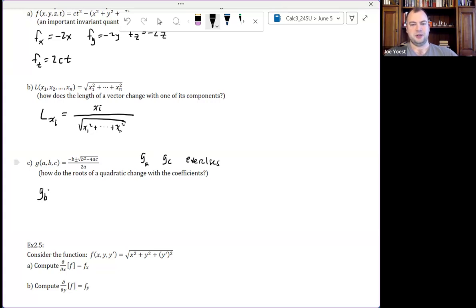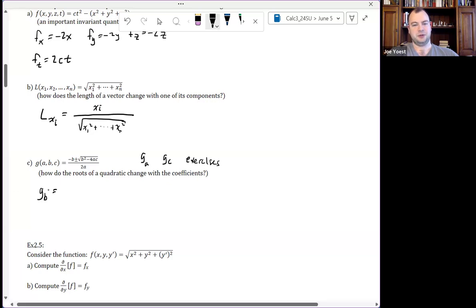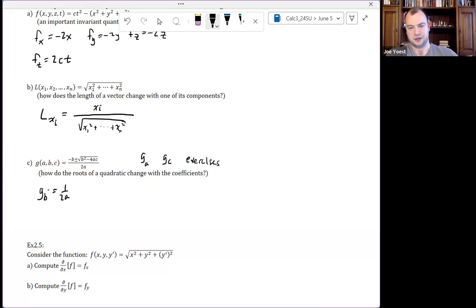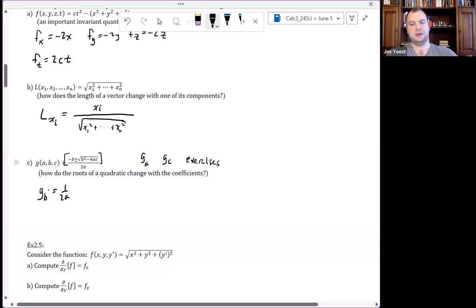So the first thing I'm going to do is I'm going to take a look at g here, and I see that, well, I have a bunch of stuff in the numerator that has b's in it, but the denominator doesn't have any b's. So the partial of g with respect to b is going to be 1/2a. That constant comes out times the partial with respect to b of this numerator.